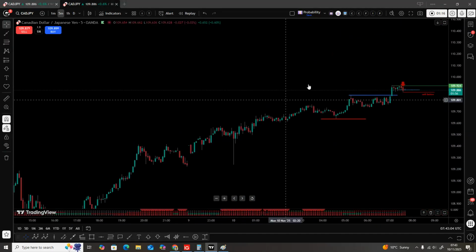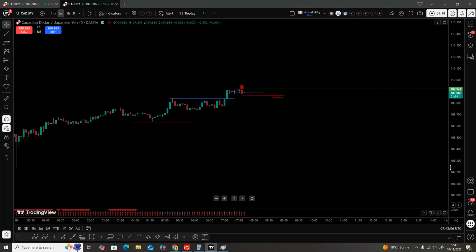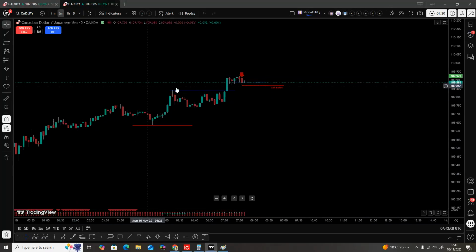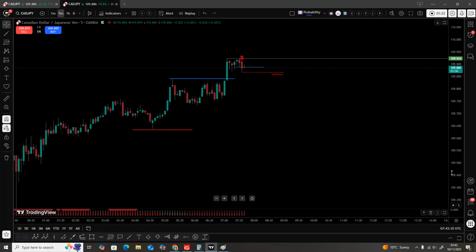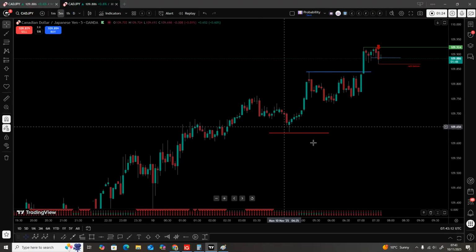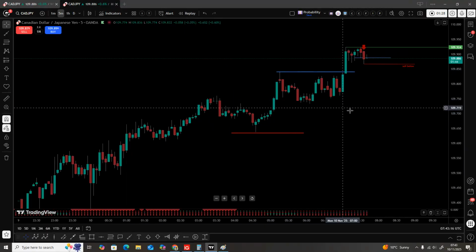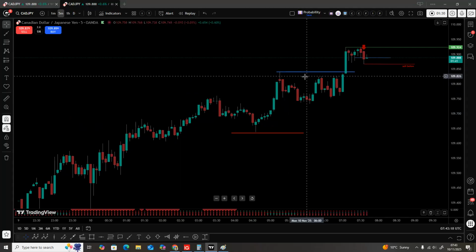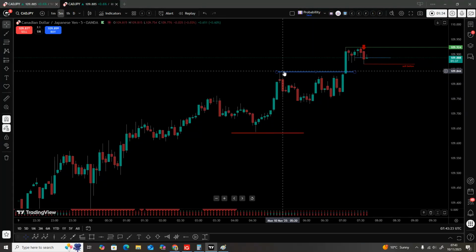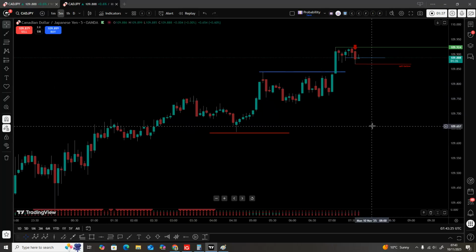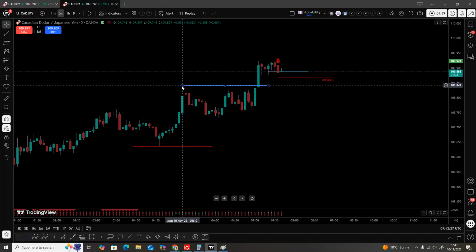This thing has been going up, but that is not a problem because it's not just going up as a straight line. It's giving you pullback and pullback, but there are some highs that give you a lower low, and those are the highs that we are talking about. But we've identified one here.